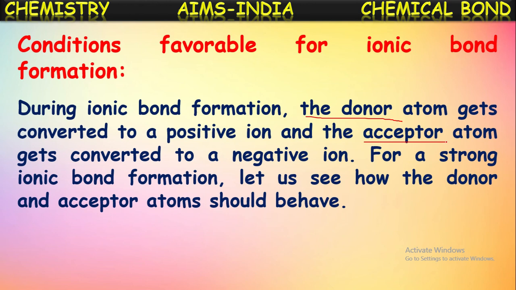That we call an ionic bond. The atom which is giving electrons is called the donor atom and converts into a cation. The atom which is accepting these electrons is called the acceptor, and that converts into an anion. So, what should be the properties of these cations and anions so that a strong ionic bond is found between them? Now, let us see that behavior.